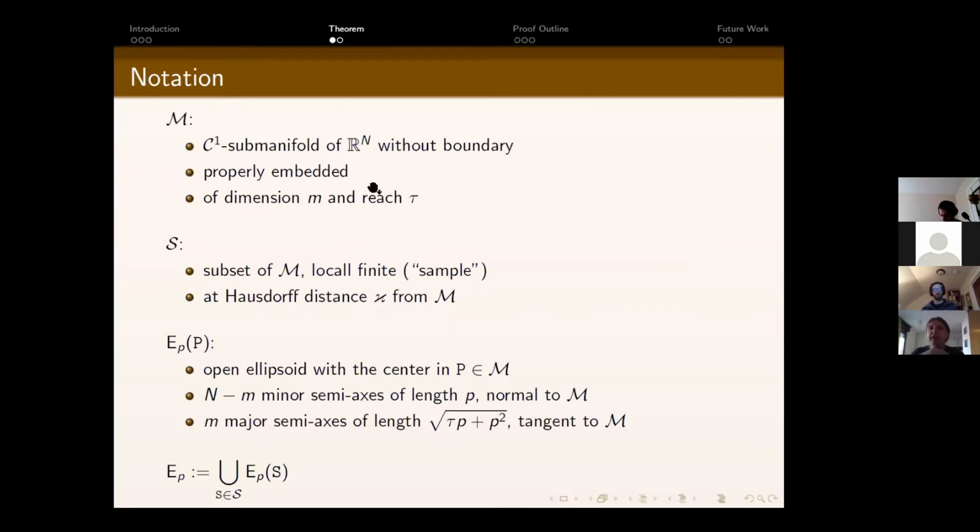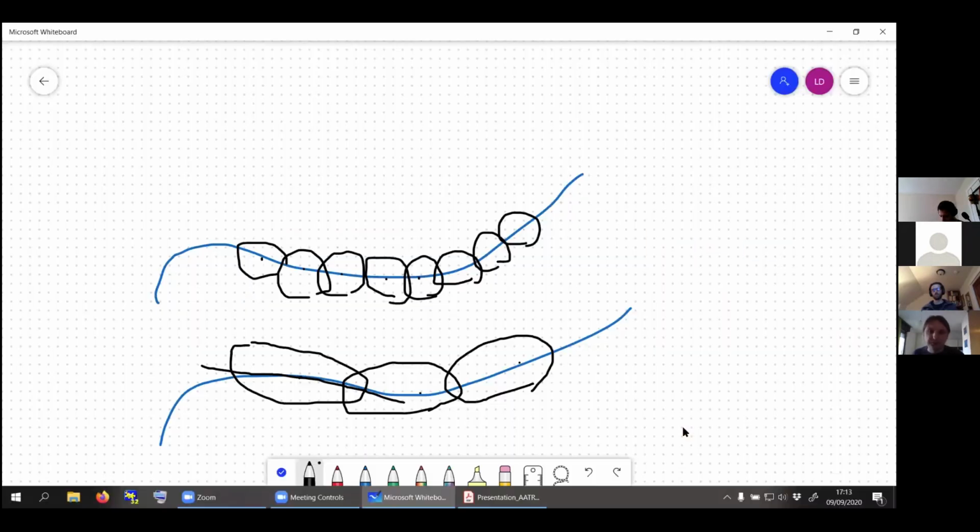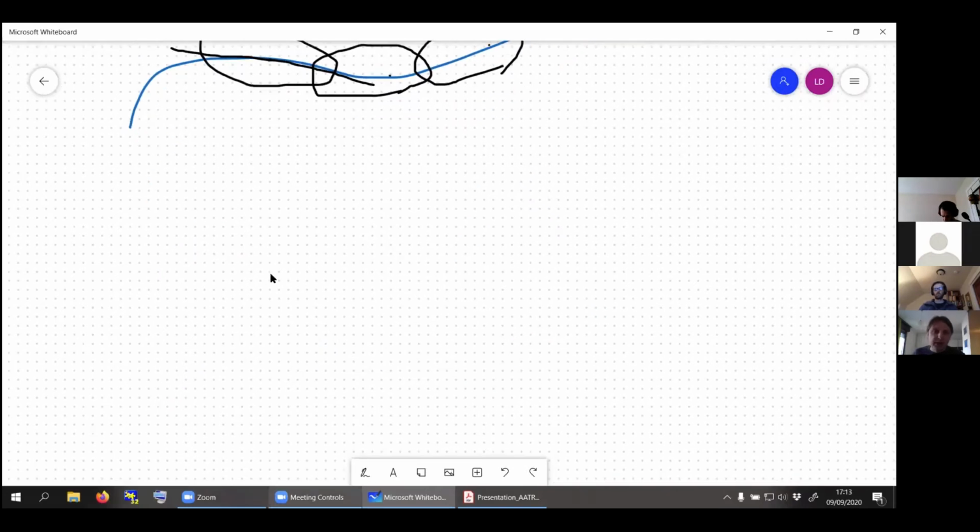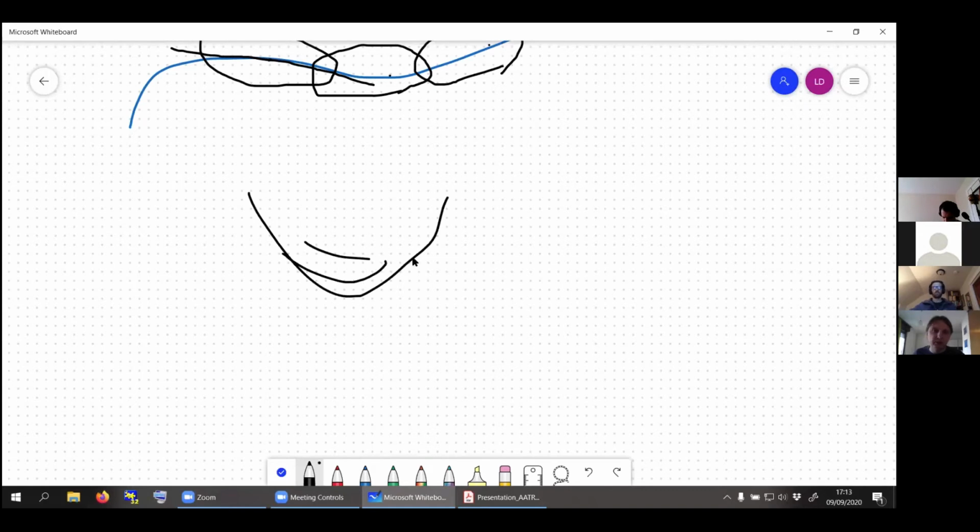This means the embedding of the manifold in the Euclidean space is a proper map. This means pre-images of compact subsets are compact subsets. The idea is that we can allow things such as, imagine hyperboloids or paraboloids, to take something in a smaller dimension, something like this.